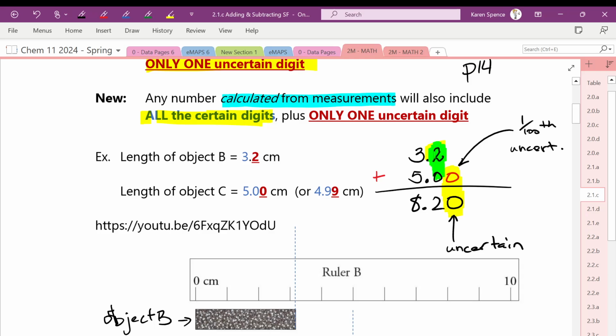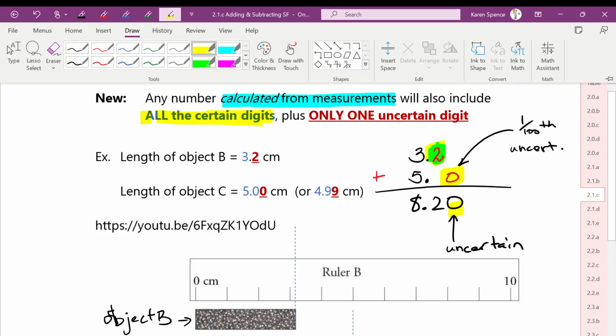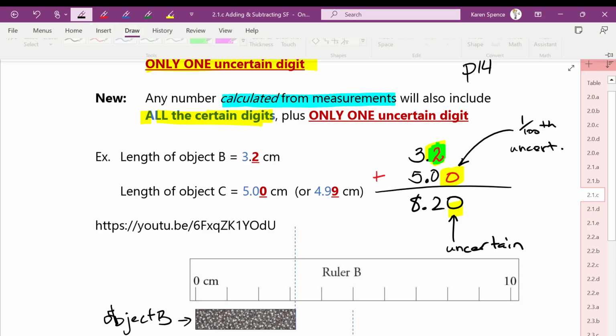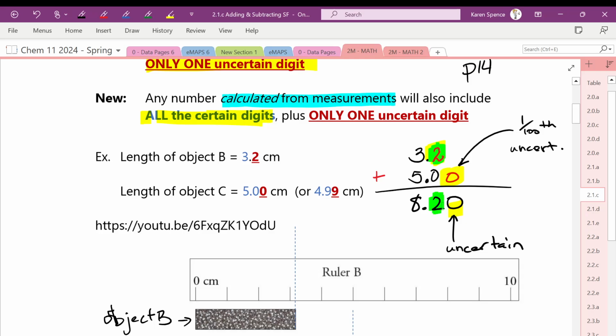Because that 2 there is uncertain. So it's also an uncertain digit because it came from an uncertain digit. So in this number, the tenths are uncertain.